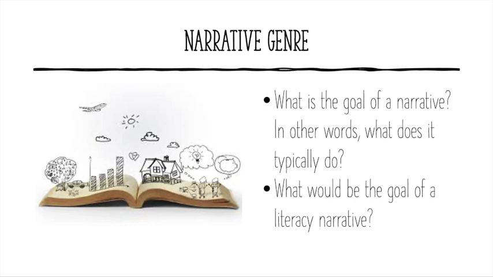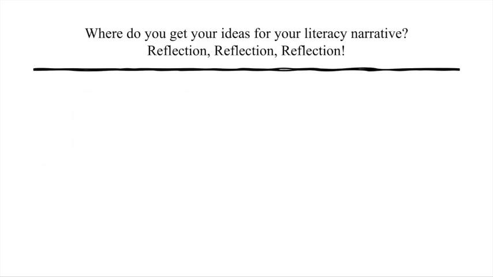And so when we think of it in those terms, we look at that as the goal of our literacy narrative. We're telling a story about who we are and how we've become the readers and writers that we are right now. So in essence, our literacy identity. And so we began by just jotting down some reflections, right?